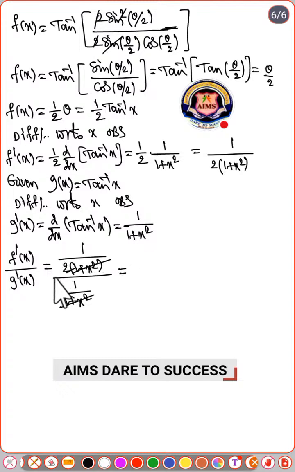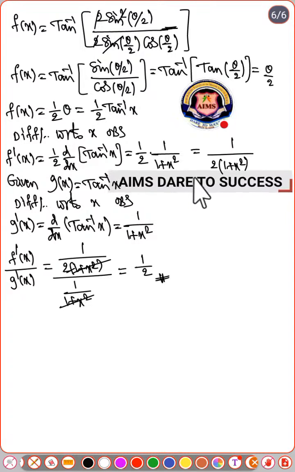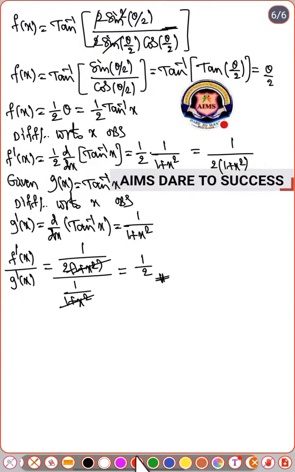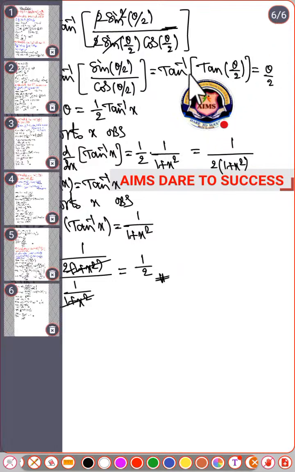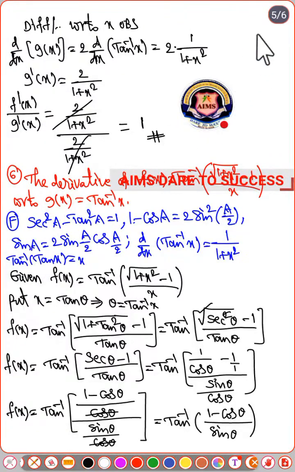The remaining value is 1 by 2 by 1, which can be written directly as 1 divided by 2 only. I hope you all are understanding clearly. Okay, now question number 6 is finished.